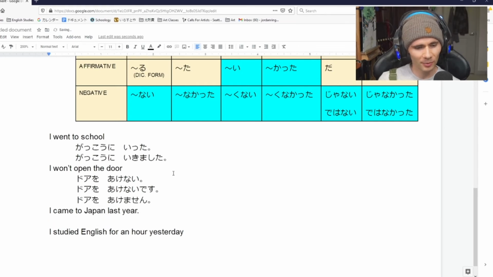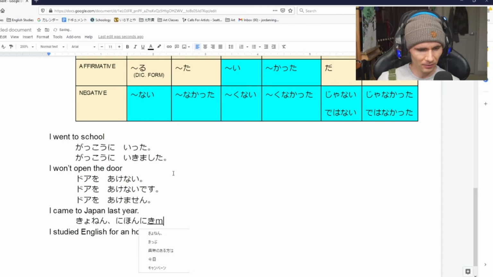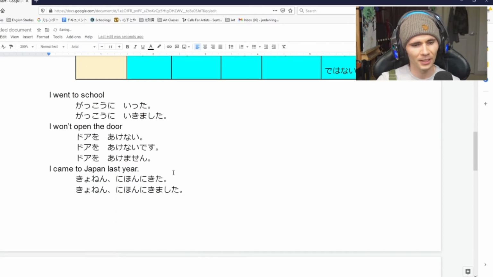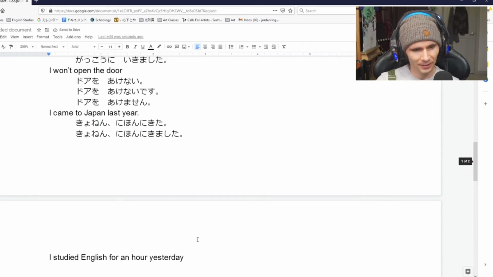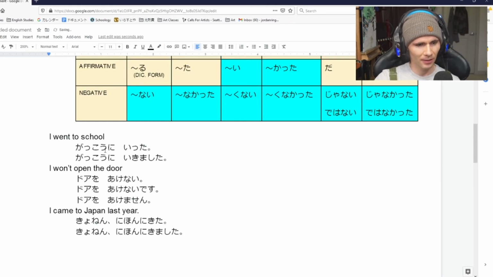I came to Japan last year would be 去年。日本に来ました。That's long form. And short form would be 去年日本に来た。Alrighty. We're not going to write this stuff in kanji today. We'll save kanji for another time.